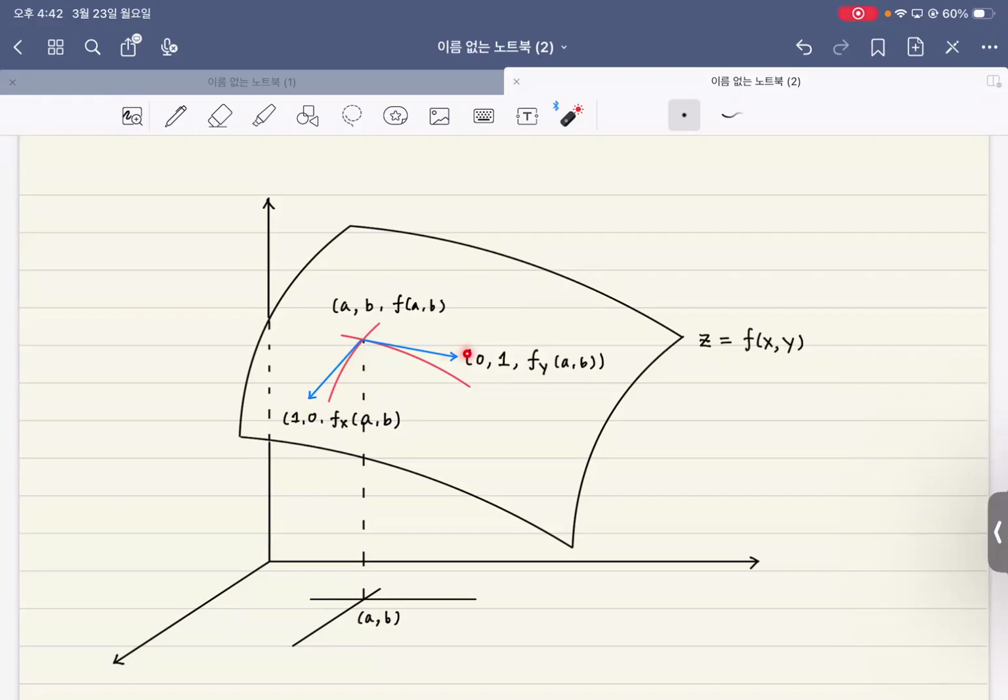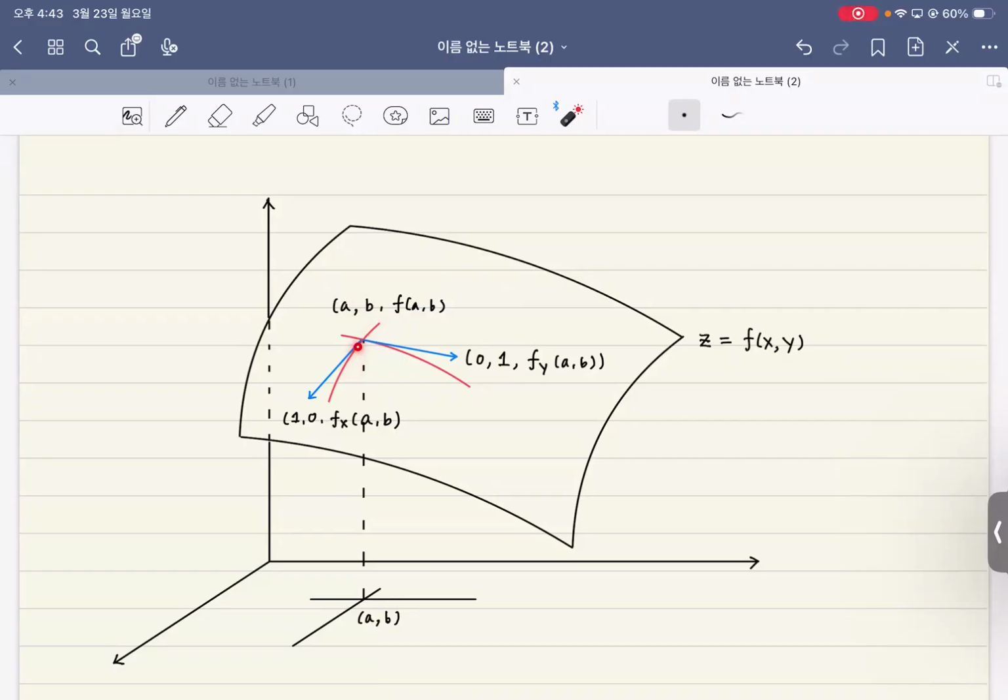Therefore, we want to consider the tangent plane to this graph surface at this point. And in order to describe any given plane in three dimensions, all we need is the coordinate of the point and the normal direction, right?